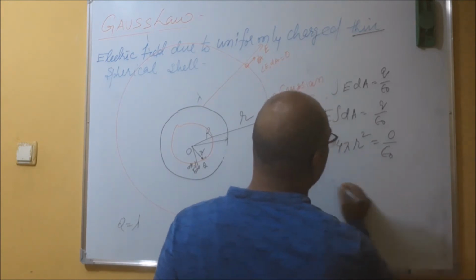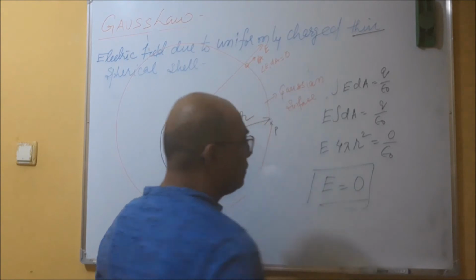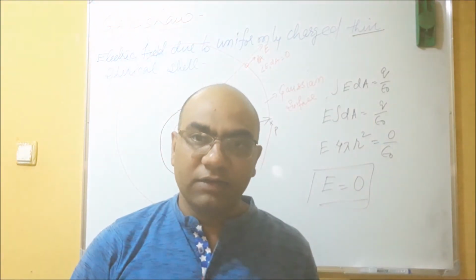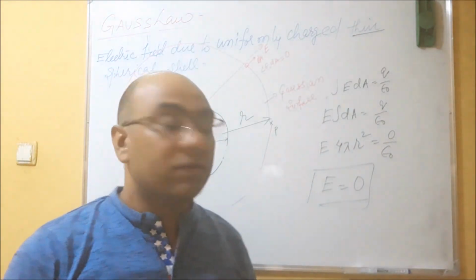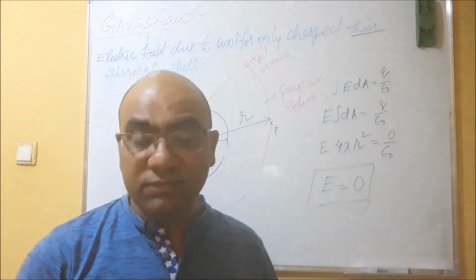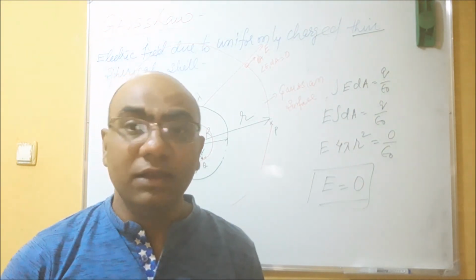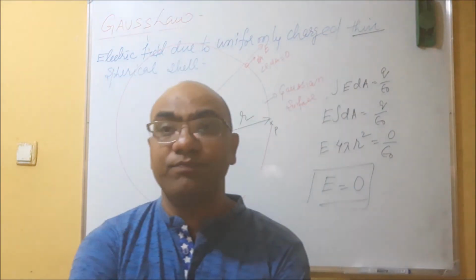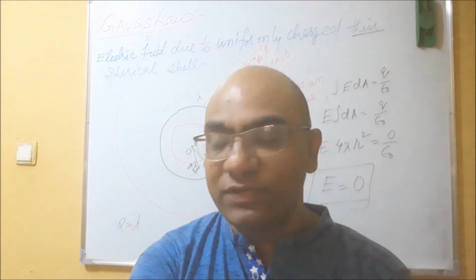So in this case, the value of E will be 0. If the point lies outside of this surface, then the value is given by the previous formula, and if we want to know the value of electric field inside this shell, the value is 0.